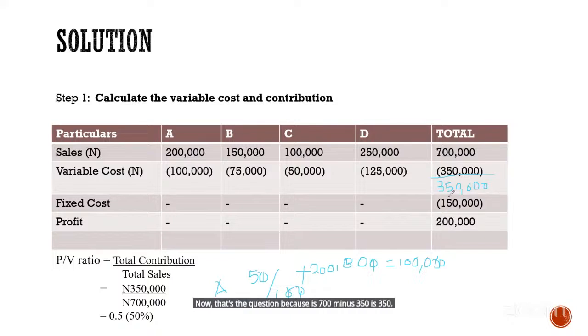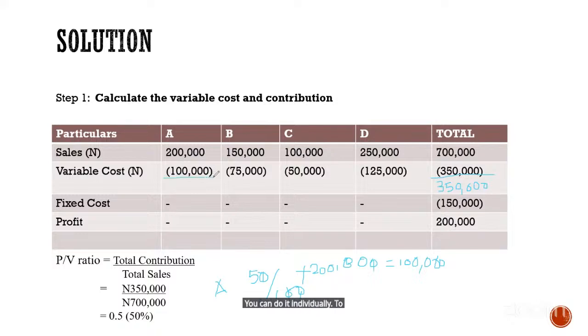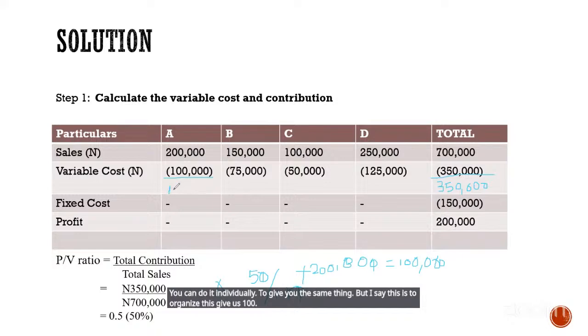Our sales is 700,000 naira, and our total variable cost is 350. You can do it individually to give you the same thing. 200 minus this gives us 100,000.